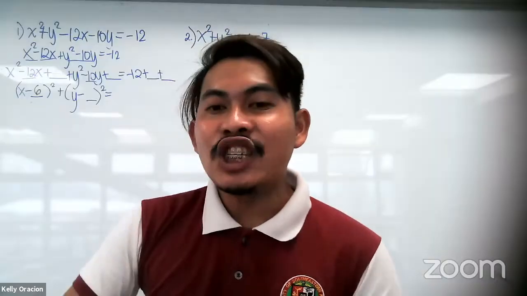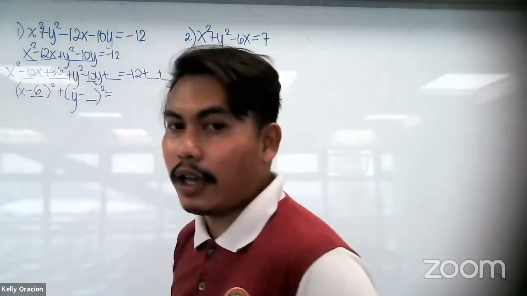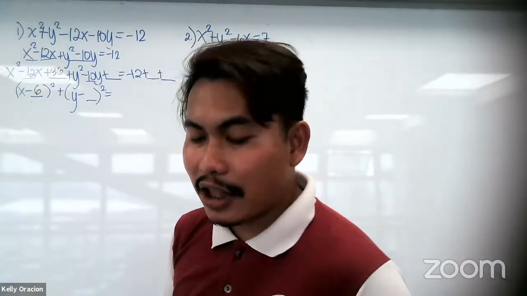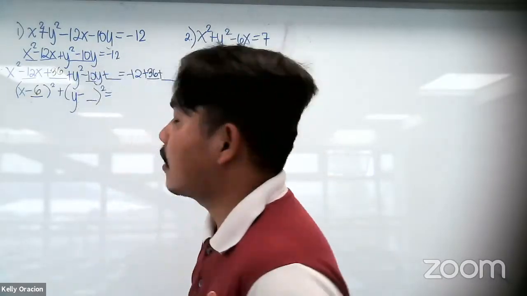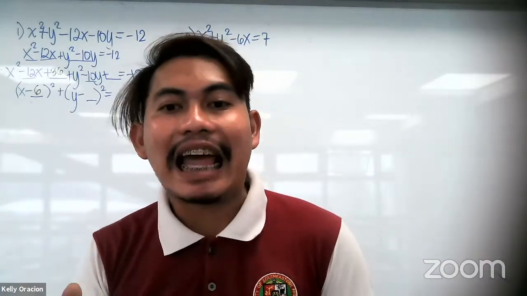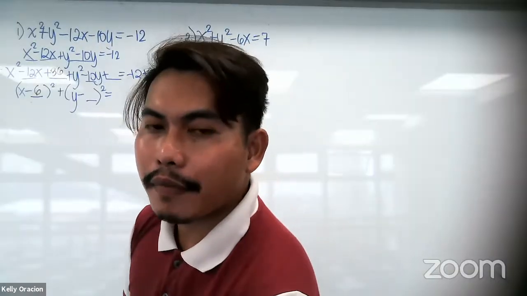Again, 6 squared, that's 36. Okay? So magdagdag ka rin ng 36 sa other side. Yan. Okay? 6 squared means 6 times 6.